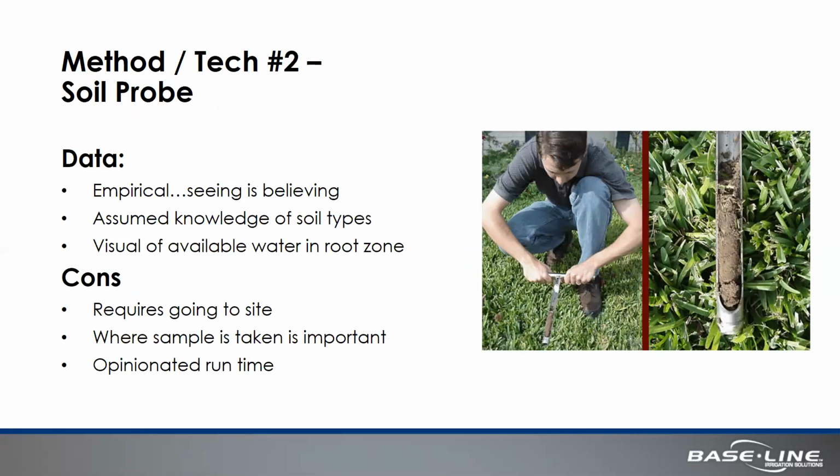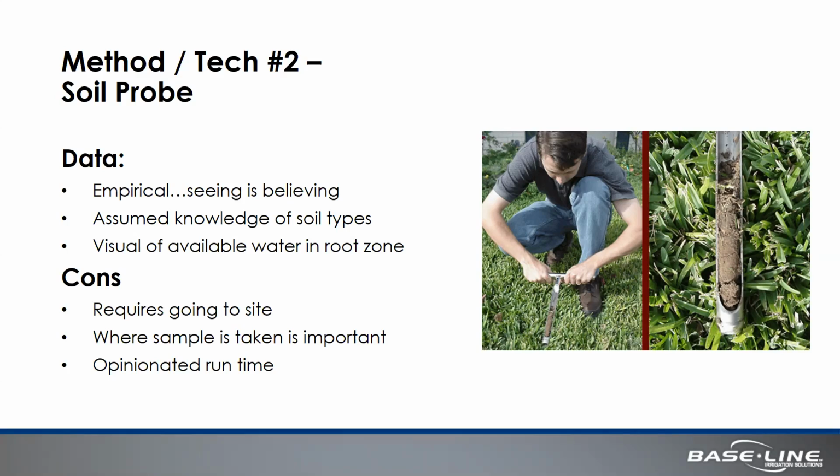Taking it a step further, looking at a method that gets into a bit of technology would be using a soil probe. Again, it gives us empirical, seeing is believing data, or visual, as to how much water may be in that soil profile below grade. But it also assumes that the user has a knowledge of different soil types and the water holding capabilities of that soil profile.